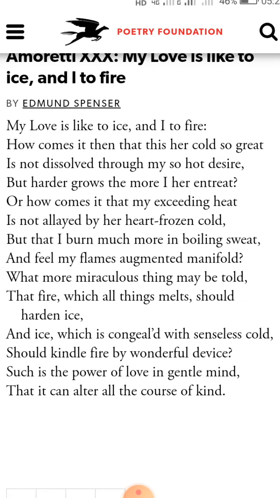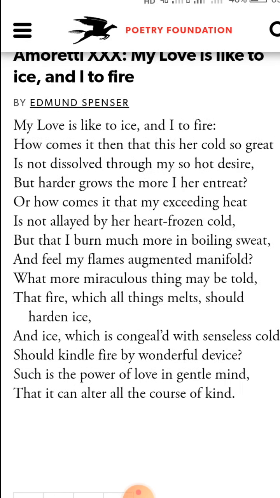They do not respond to his love. My love is like to ice and I to fire. How comes it then that this her cold so great is not dissolved through my so hot desire?